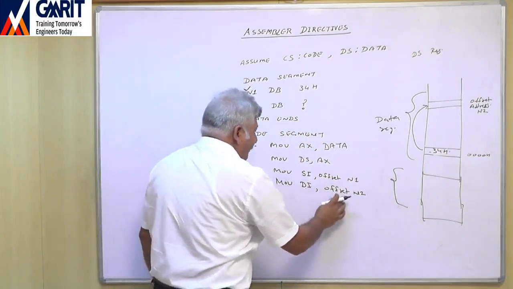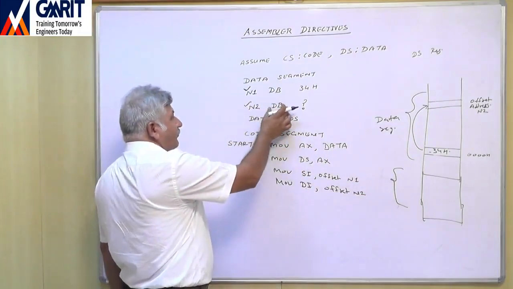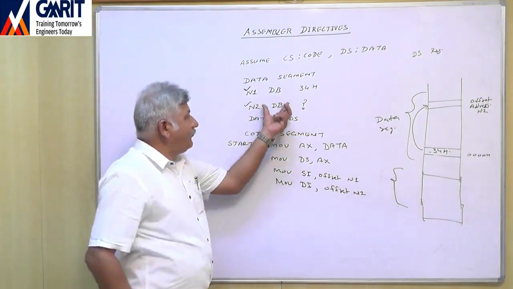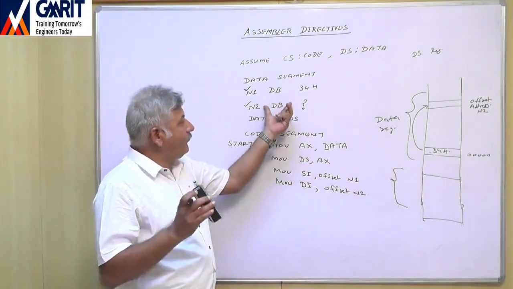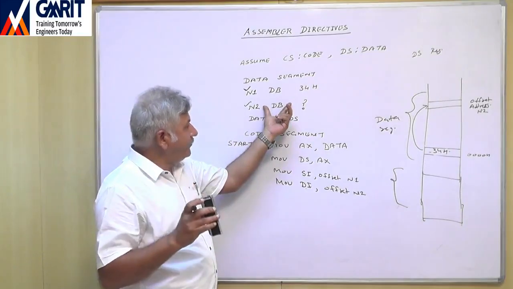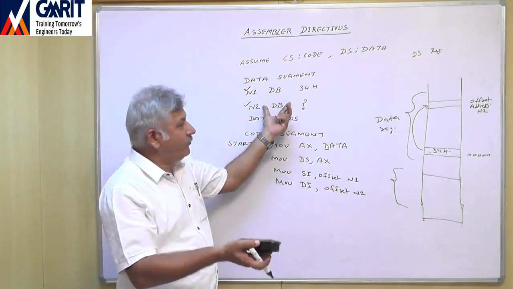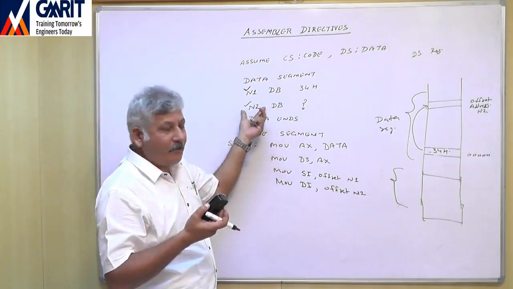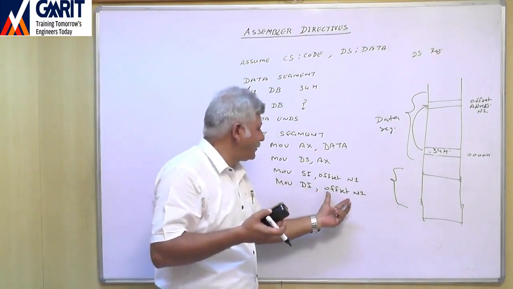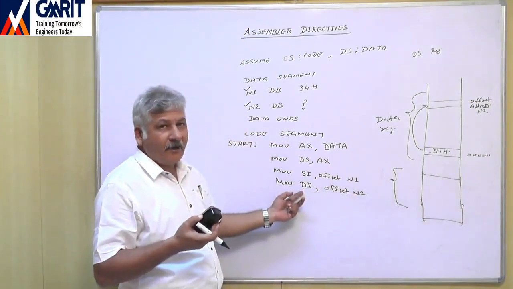N2 is used in this directive, so this directive will reserve one memory location for 1 byte, and the offset address of that memory location you can access by using the name N2. So it will be stored in DI.